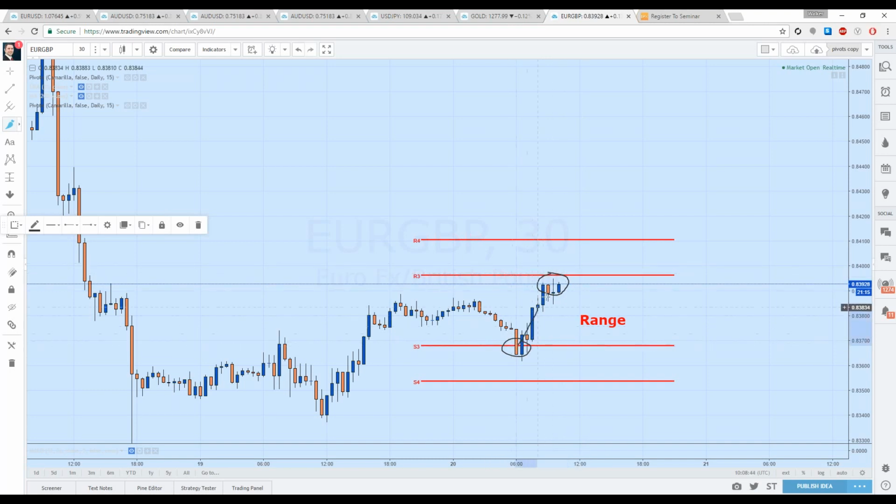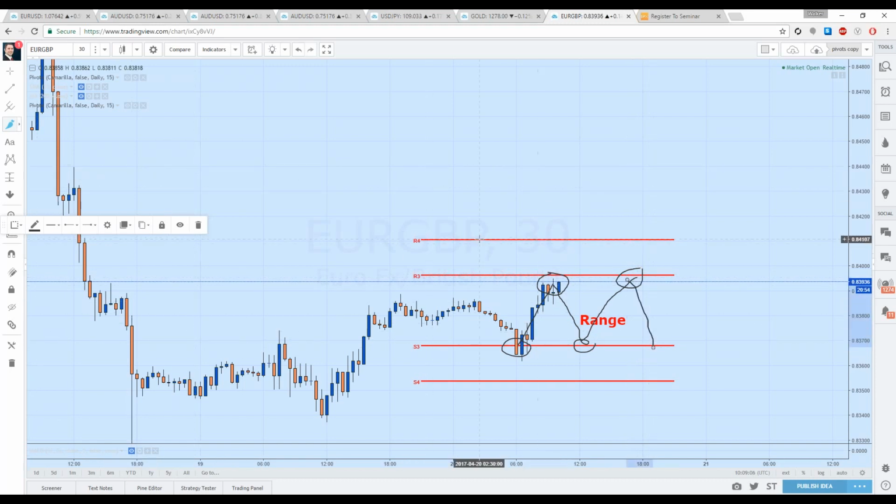The idea is to continue to trade between these values as long as price remains inside of the range.